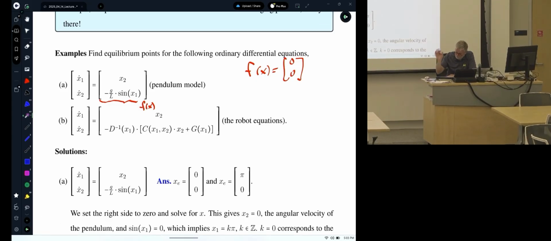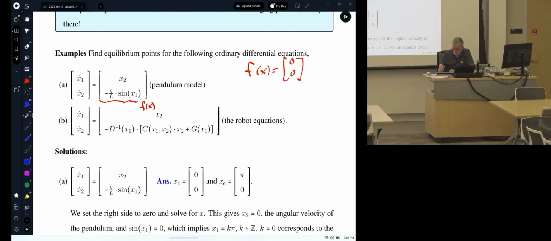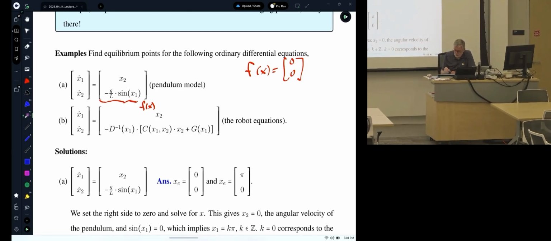At an equilibrium, the pendulum should not be moving, so its angular velocity should be 0. And then the next thing that has to happen is sine of x1 has to be 0. Now that can happen when the pendulum is straight up, which depending upon your coordinates is 0 or pi, and it can happen when the pendulum is straight down.